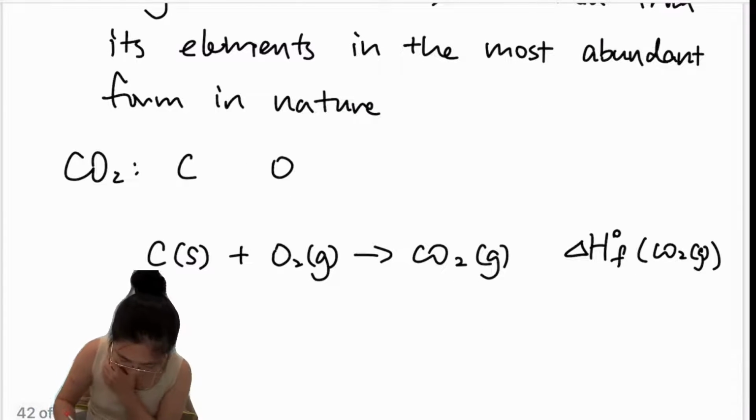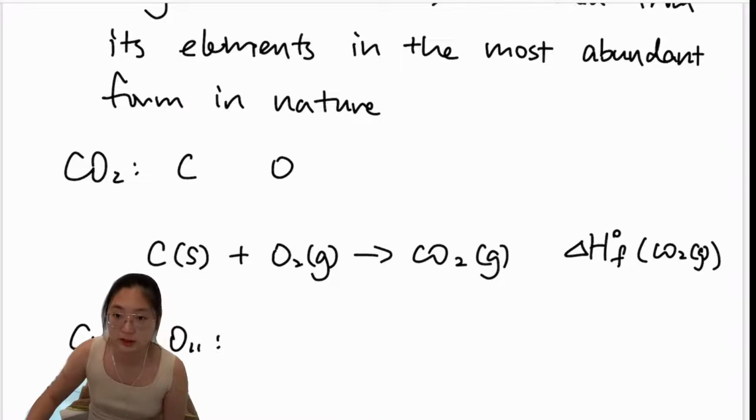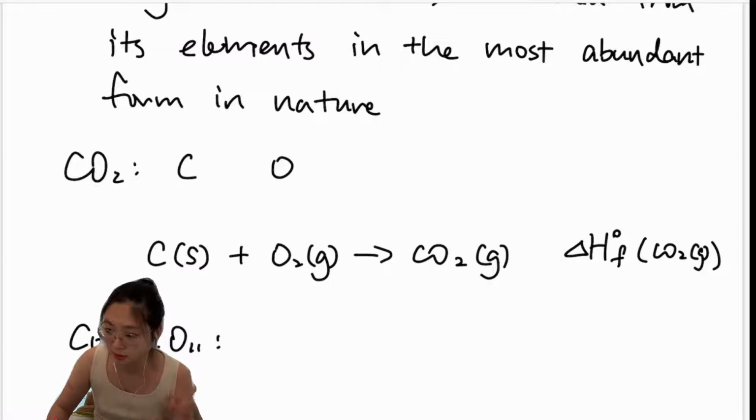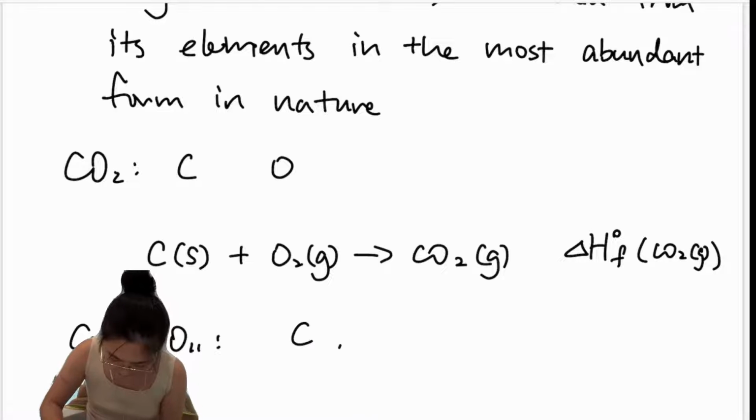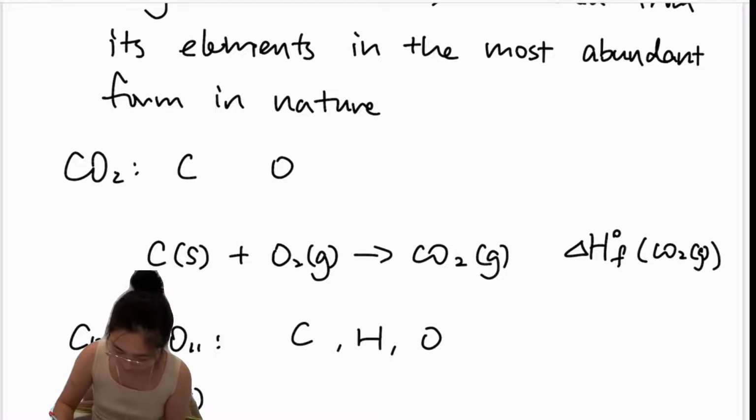Or let's say, for example, sucrose, the table sugar. It has the chemical formula C12H22O11. It consists of 3 different elements: carbon, hydrogen, and oxygen. Again, carbon is in the form of the solid, the most abundant form of carbon.